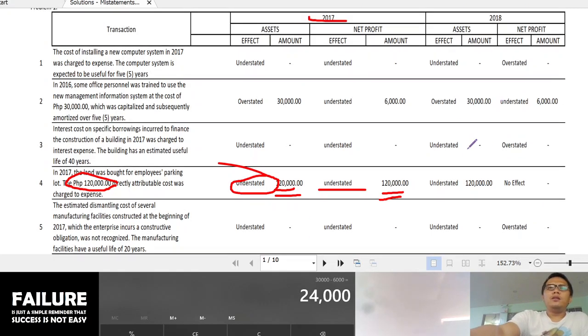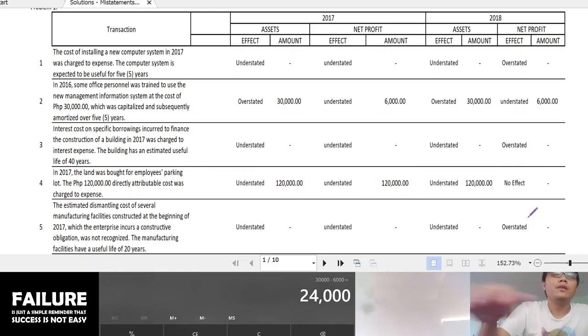In 2018, same with asset, understated pa rin because there was no correction made. Now, sa net income natin, no effect na siya because for number 1, the transaction pertains to land. Ang land naman kasi is hindi nagdi-depreciate, 'di ba?